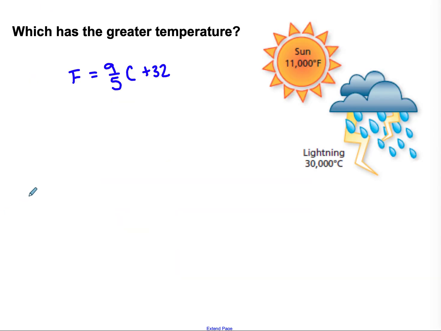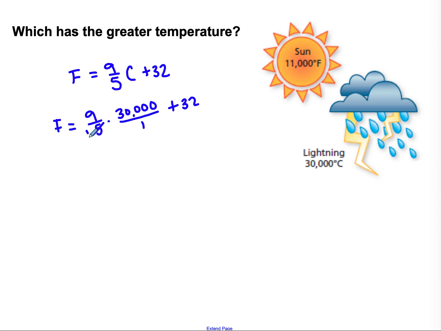Yes, I did. Okay, so we're going to put the Celsius answer in. We're going to make it into Fahrenheit. So 9/5 times 30,000. Since it's fraction multiplication, I'm going to make it over 1. Plus 32.